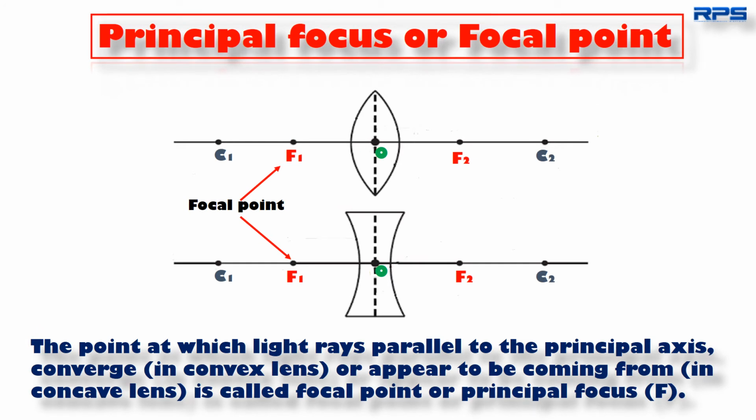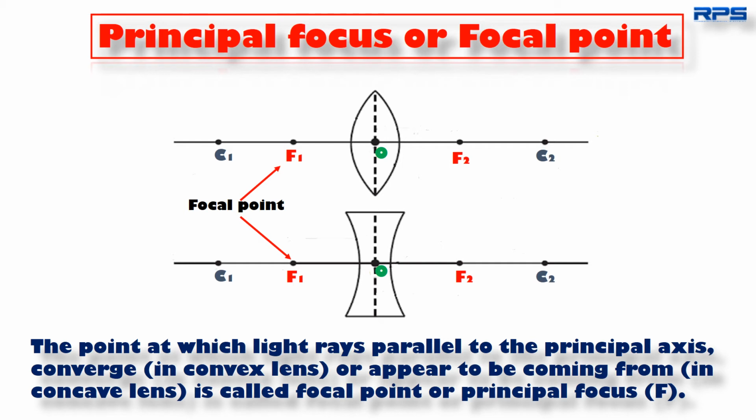Principal focus or focal point. The point at which light rays parallel to the principal axis converge in case of convex lens or appear to be coming from in case of concave lens is called focal point or principal focus.